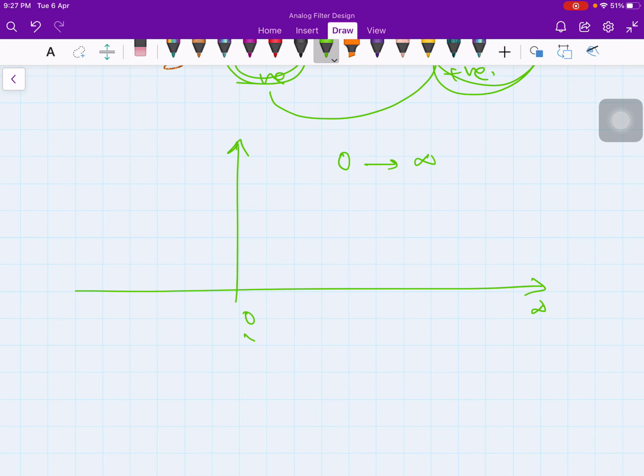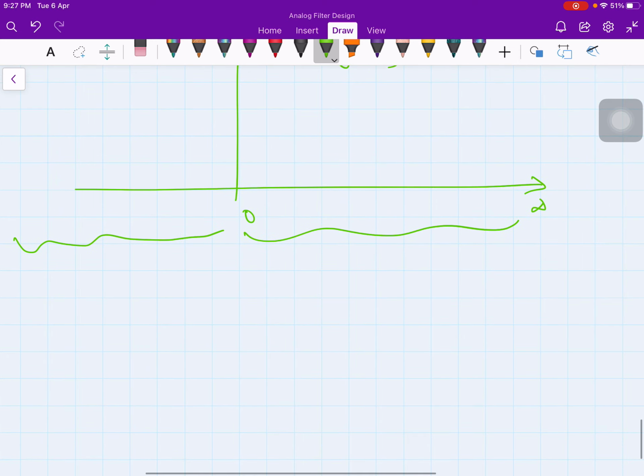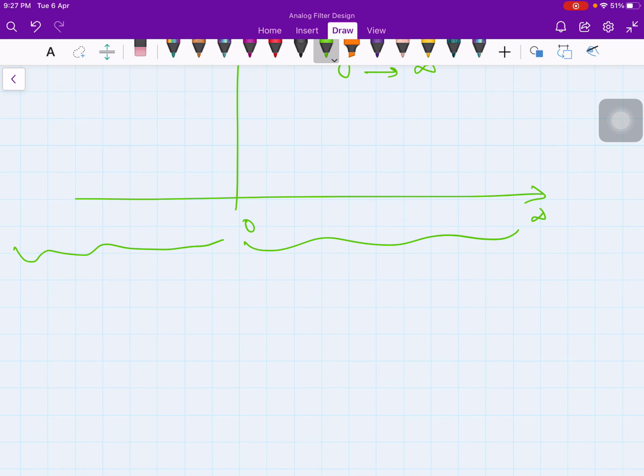Once I know 0 to infinity, then I will automatically know what is happening in the negative frequency also. That's all about the transformation of high pass filter, the transformation from normalized low pass filter to denormalized high pass filter.